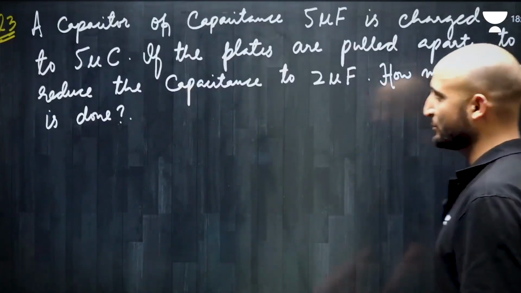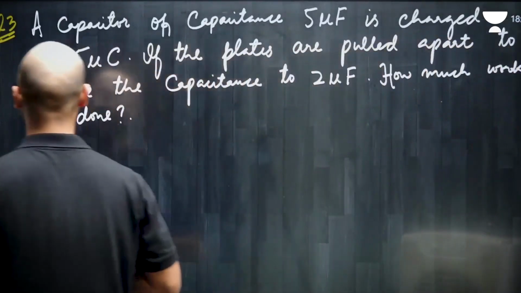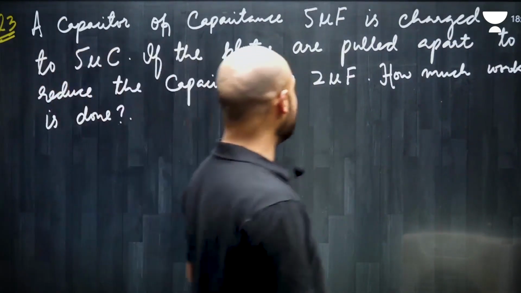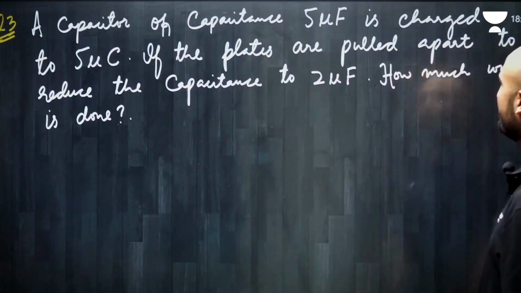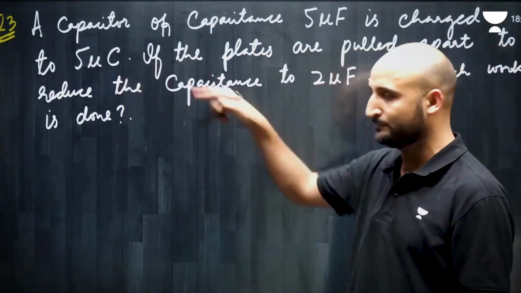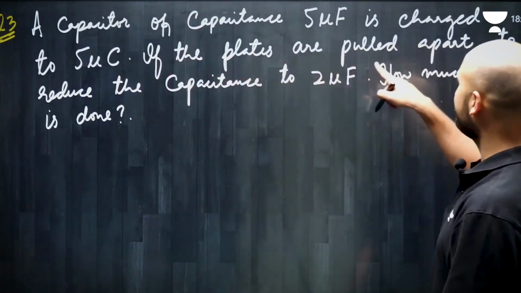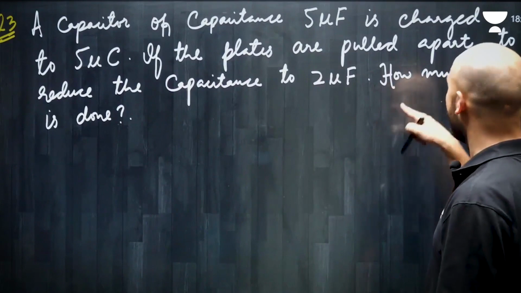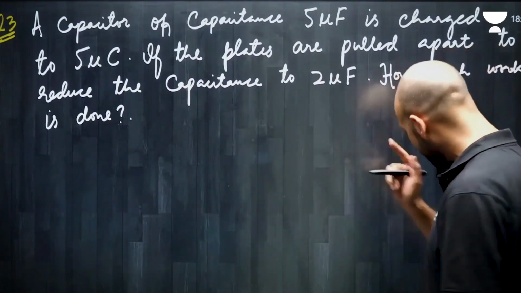Moving to next question. Now have a look here. A capacitor of capacitance 5 microfarad is charged to 5 microcoulomb. If the plates are pulled apart to reduce the capacitance to 2 microfarad, how much work is done? Have a look here at what this question is all about.